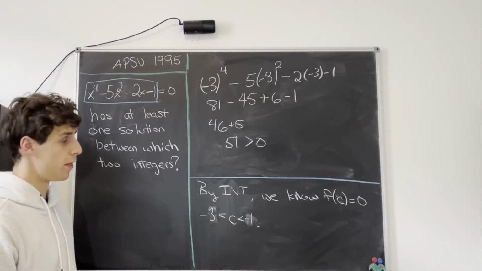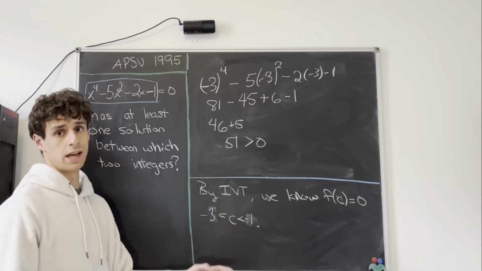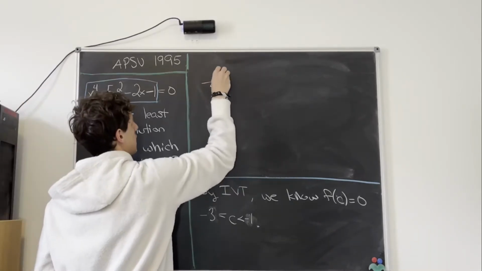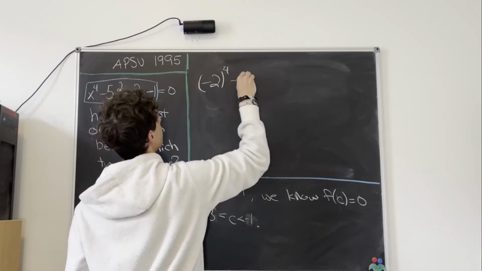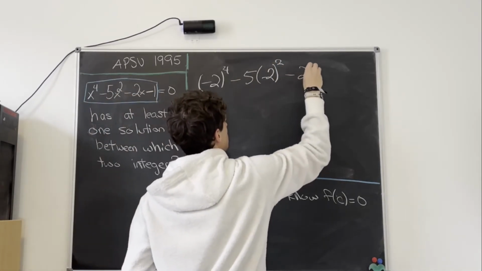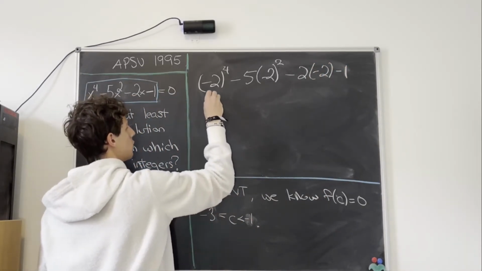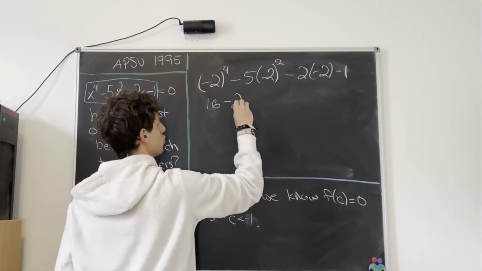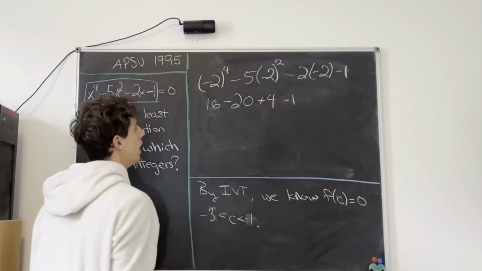Now we need to know whether c is between -3 and -2 or between -2 and -1. The only way we can do that is by testing -2. If we take -2 to the fourth power, minus 5 times (-2) squared, minus 2 times -2, minus 1, this is going to be 16, minus 5 times 4, so 20, plus 4, minus 1.